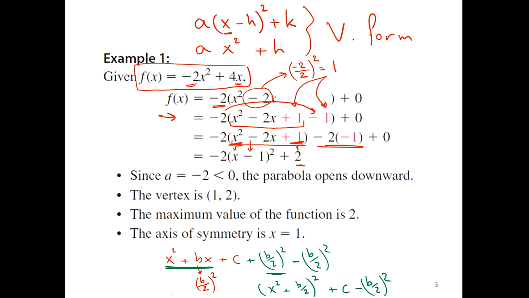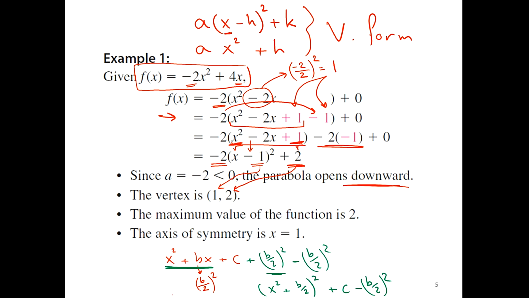So we now convert the quadratic formula to the vertex form. And we can conclude if a is negative, this parabola opens to what? Up or down? Open down, because we have negative, the coefficient of the brackets. And the vertex, we can take this is 1 and 2. This is the vertex.